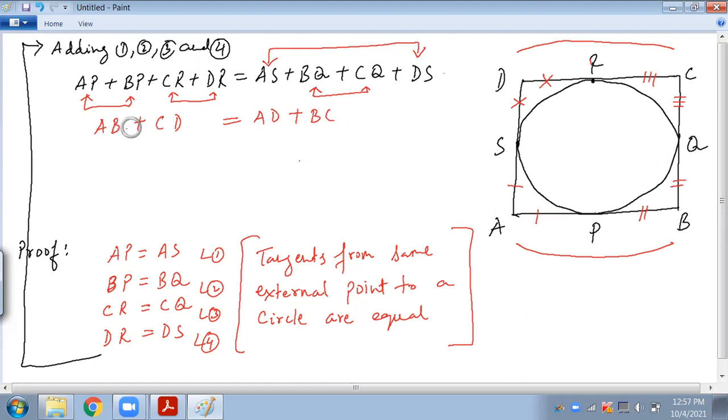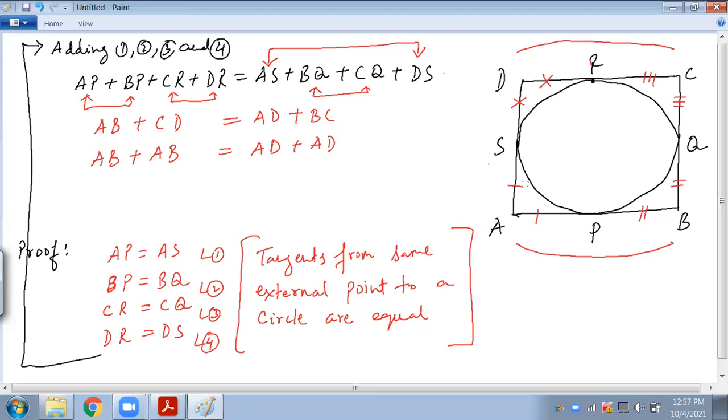Okay, so on the left hand side we got AB plus CD, on the right hand side we got AD plus BC. Now we know the opposite sides of a parallelogram are equal, so AB and CD are equal. Again, same way, AD and BC are equal. So instead of CD, I can write AB, and instead of BC, I can write AD.